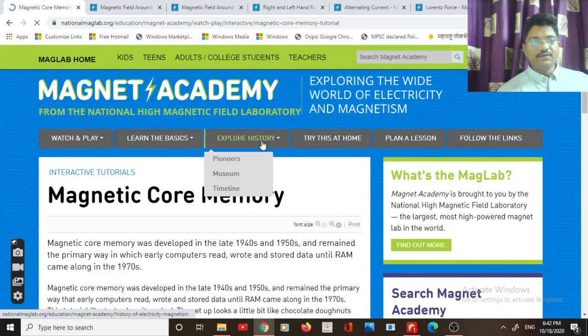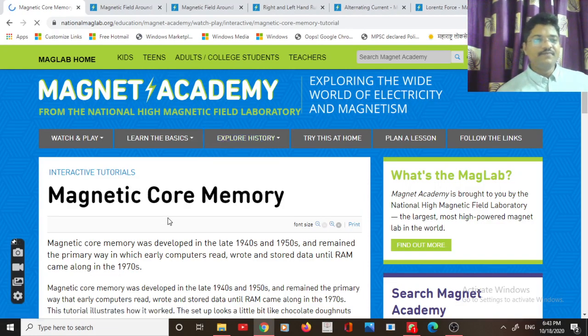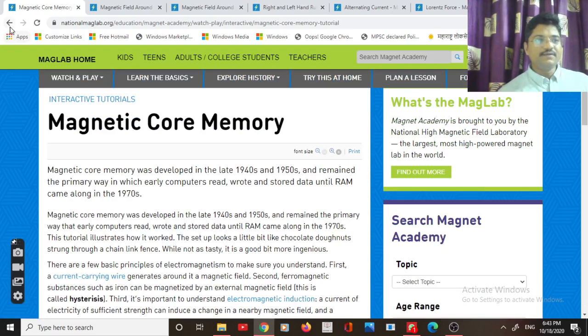On the screen, whatever you are looking at, it is one of the wonderful sites. Its site name is nationalmaglab.org. It is related with just electricity and magnetism. So you can explore this site and explore much more things about electricity and magnetism. There are many interactive tutorials here.